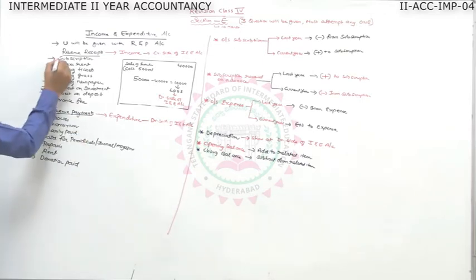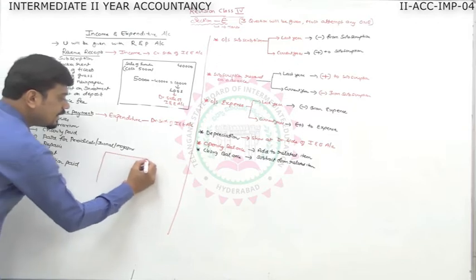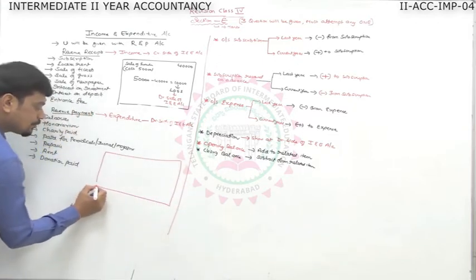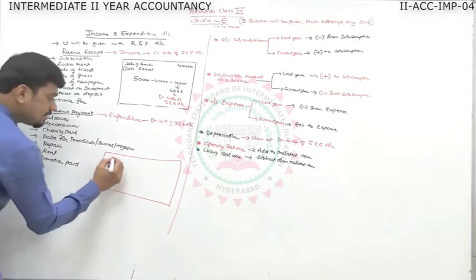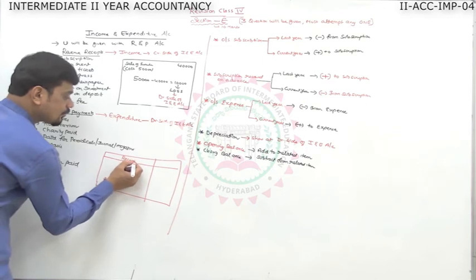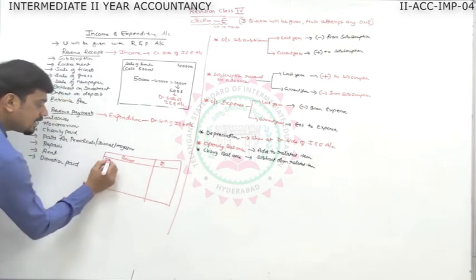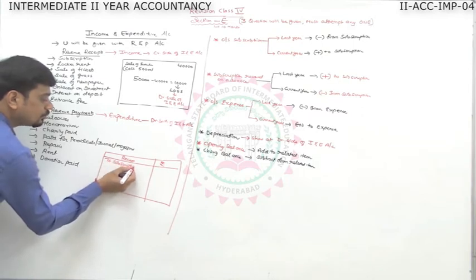The area where we need to focus is subscription. Sometimes the examiner will give you the subscription like this, dear. Imagine this is our receipt side and amount, and here he'll tell subscription.